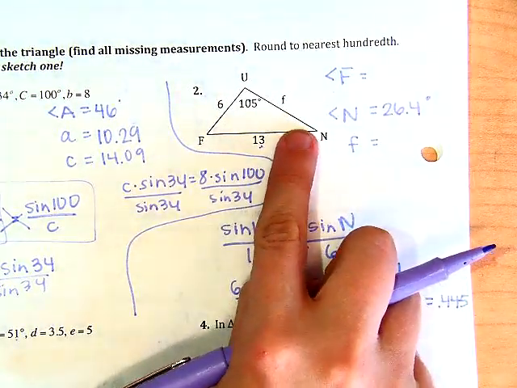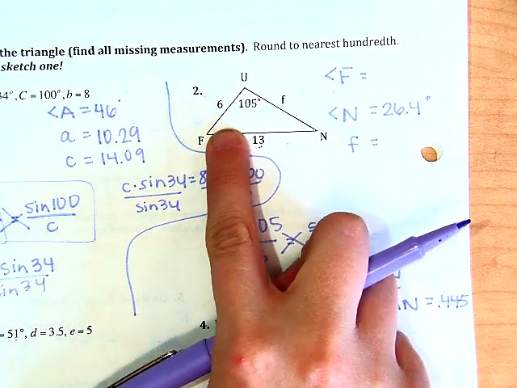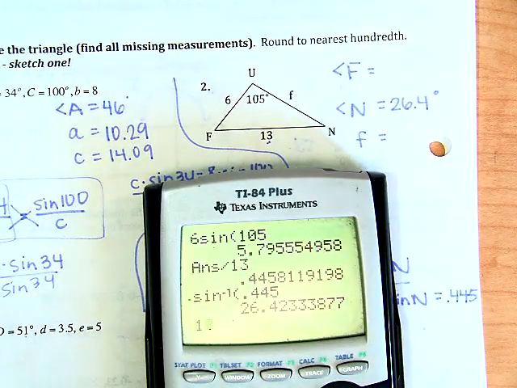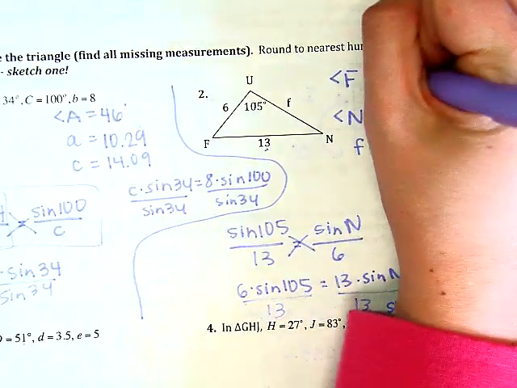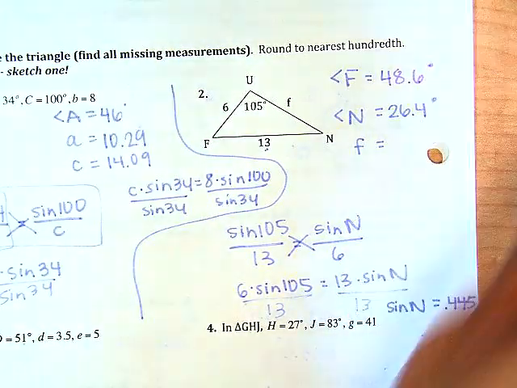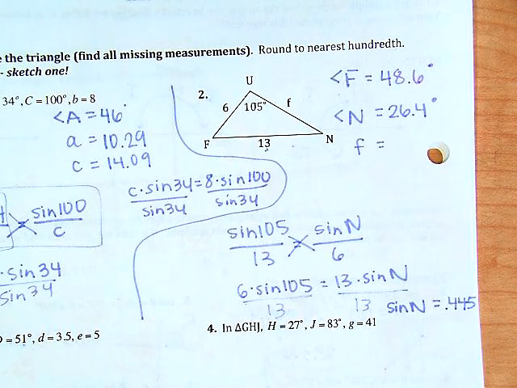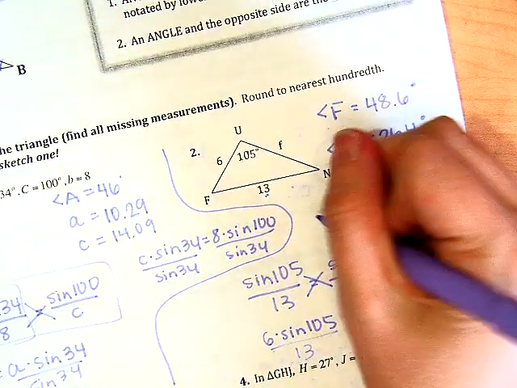Once I know two of the angles, I can find the third one by doing 180 minus 105 minus 26.4, because they all add to 180, which gives 48.6. Then to get my third side, I'm going to set up another proportion.